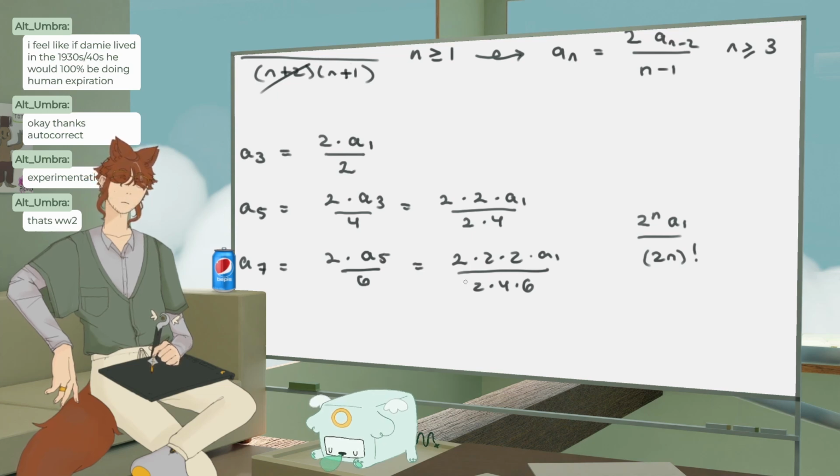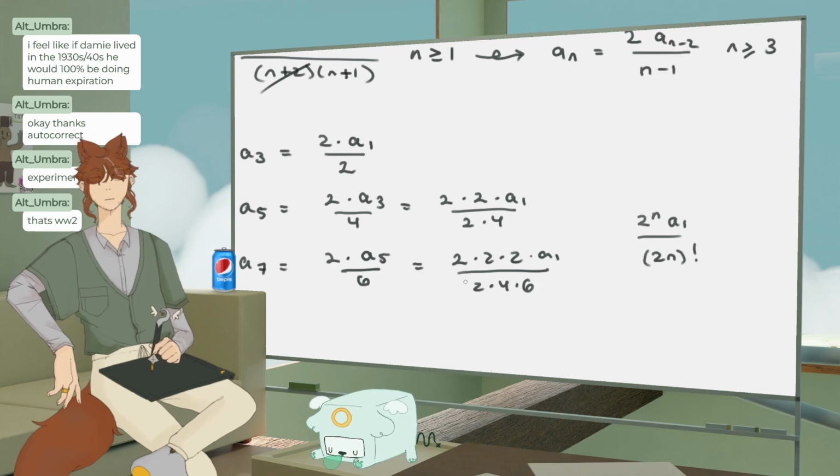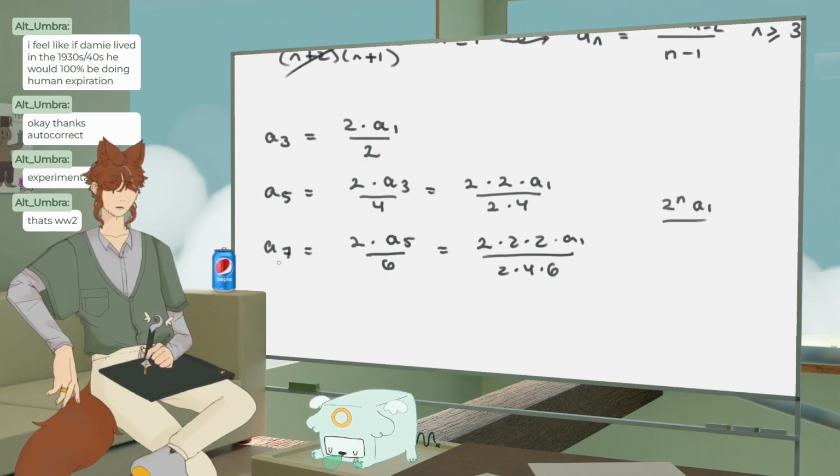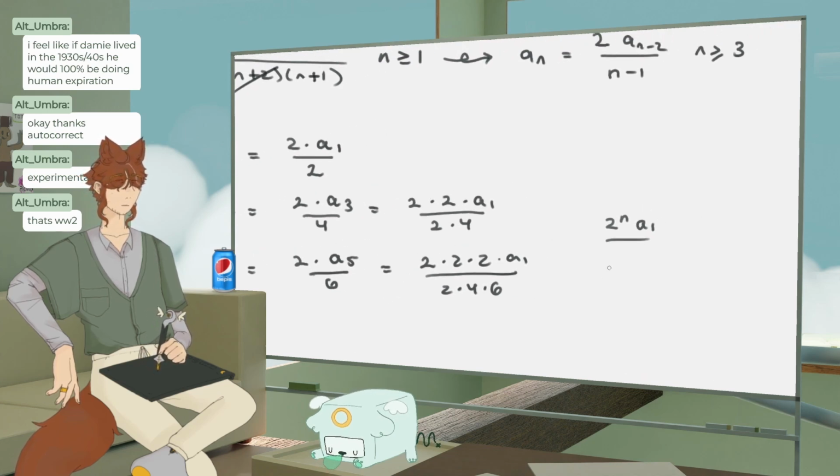Oh, maybe it's, wait. So how do we get 2 times 4 times, like 8? We plug in 7, we get 6. Okay, so first off it has to be like n minus 1 factorial.